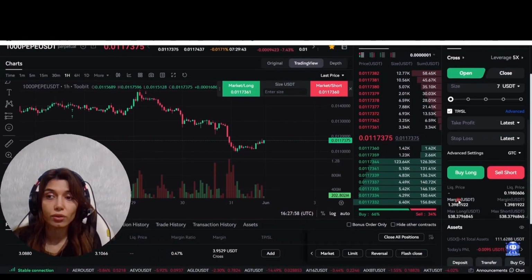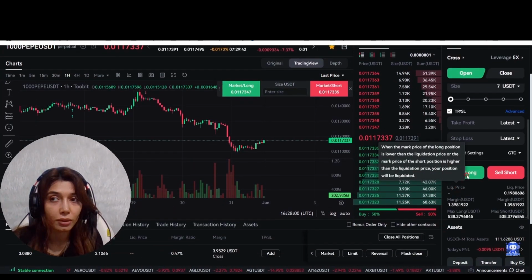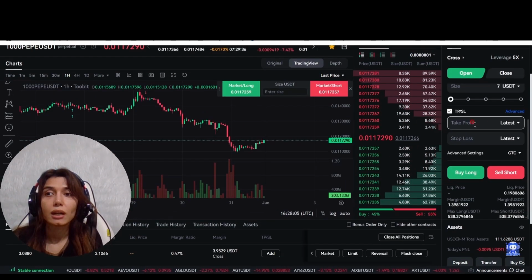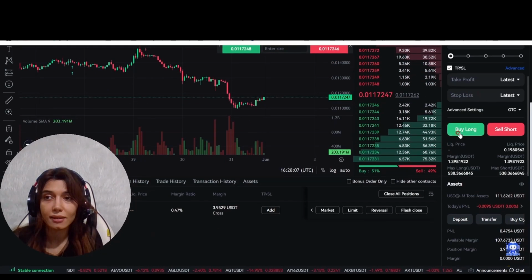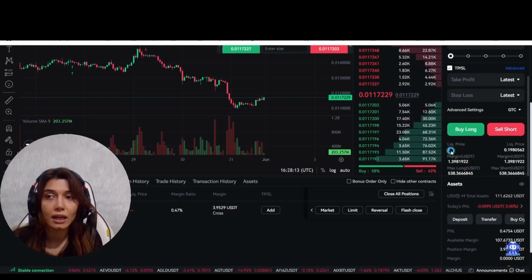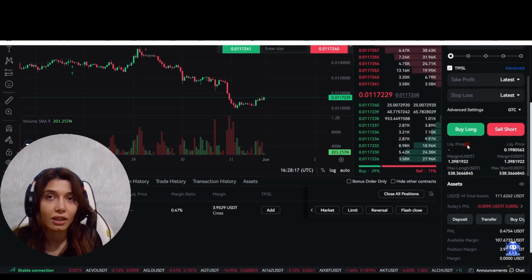You can put your phone away and rest assured. But please remember, please do risk management, please do margin management, because after that your liquidation price should be zero, should be nothing. If you have a liquidation price, that means you didn't do money management, and it's really important for you to understand it.